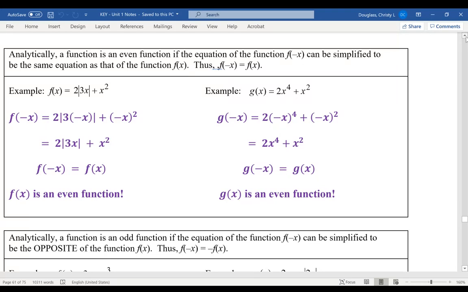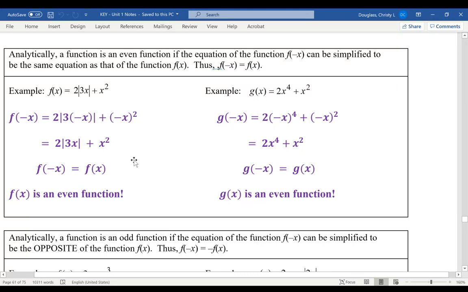So let's just take a look a little closer. For f of x, if I substitute negative x in place of x, there are two places that negative x will go. One is inside the absolute value bars, and one is in this squared scenario.